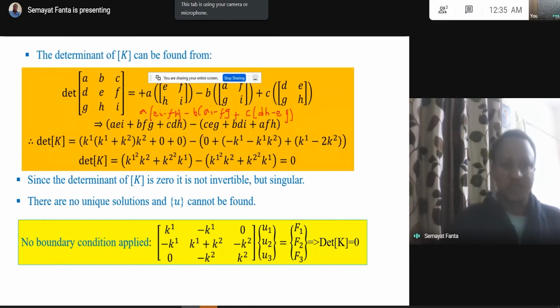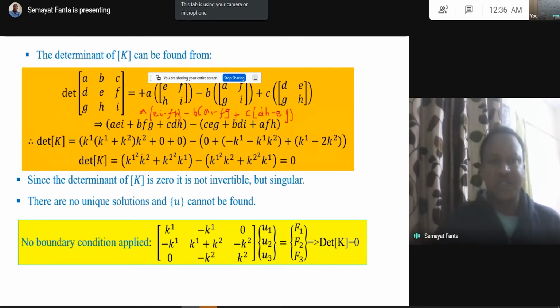Now, from our K matrix, we can substitute in the place of A the first entry, which is K1. For E, it is the K1 plus K2 term. And in place of I, it is K2.